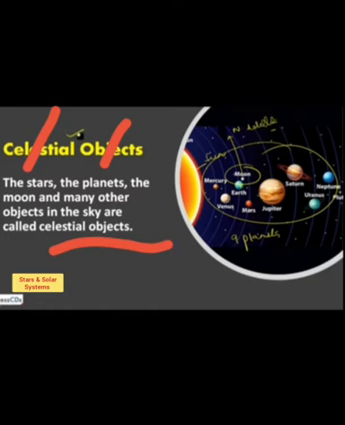Actually, as human beings we are aware of only a few of the celestial bodies, but it is not necessary that the celestial bodies we are aware of are the only ones present in our atmosphere. It is written here that many more objects in the sky are termed celestial objects.